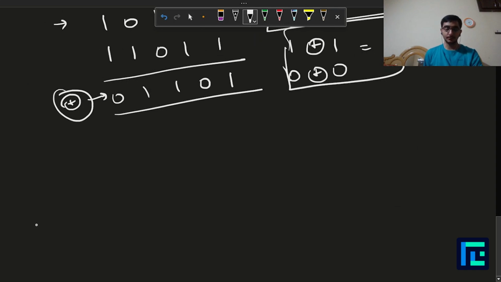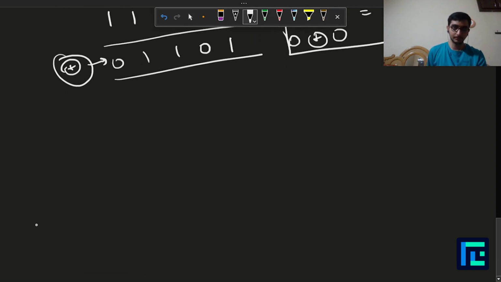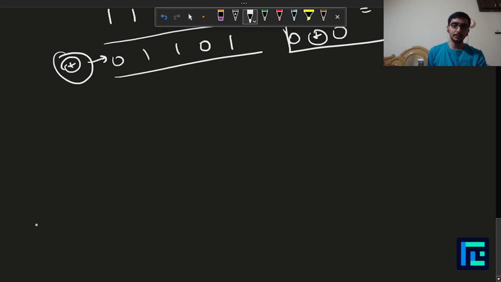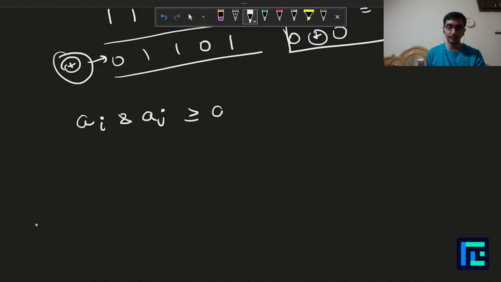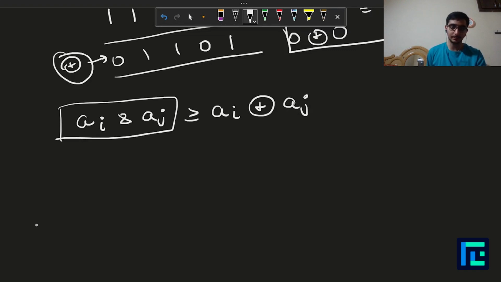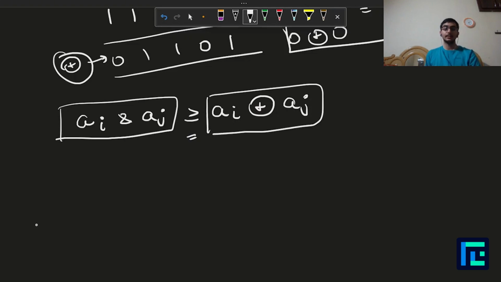So now let's move on to the actual solution. So the main idea of the solution lies around the condition that A_i bitwise AND with A_j should be greater than or equal to A_i bitwise XOR with A_j. Right. Now let's understand the properties of bitwise AND and bitwise XOR to understand in what cases this condition will hold true.